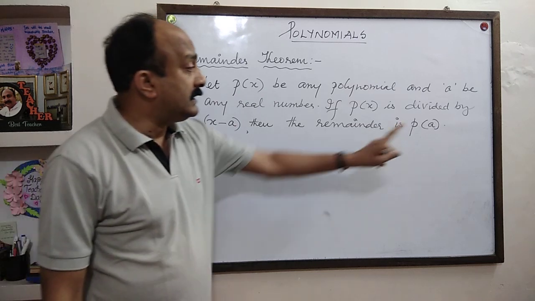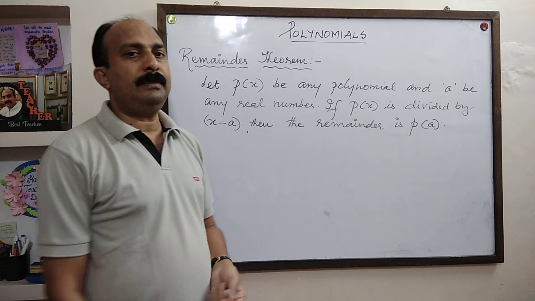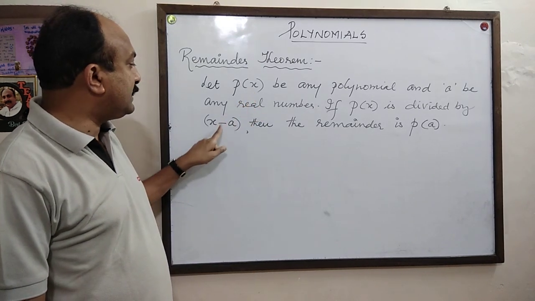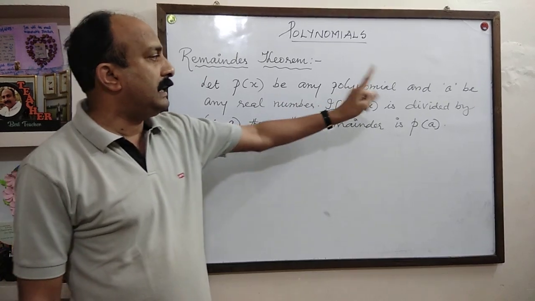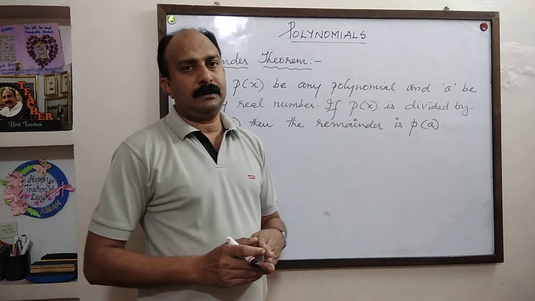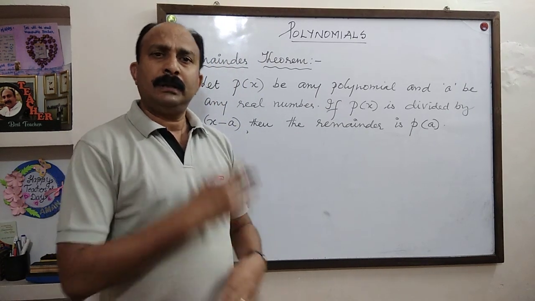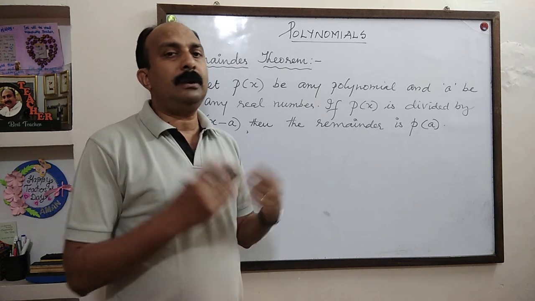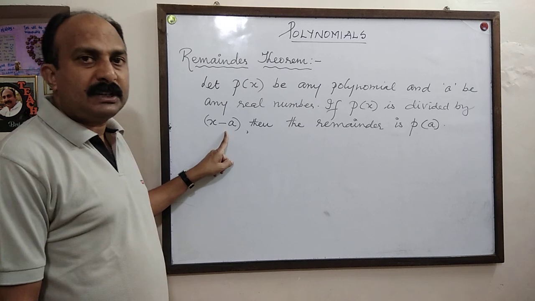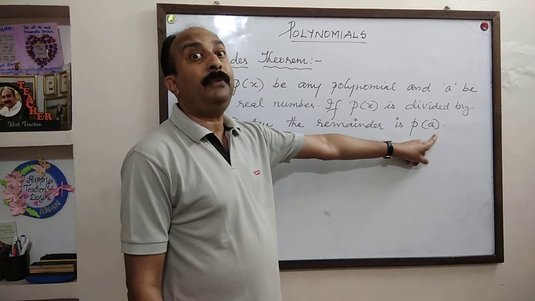Very simple it is. If any polynomial P of x is divided by x minus a, where a is any real number, means this a will be a constant, like 1, 2, 3, 4, minus 1, 2, 3, 4, any real number, it can be rational or irrational, then the remainder will be straight away P of a.